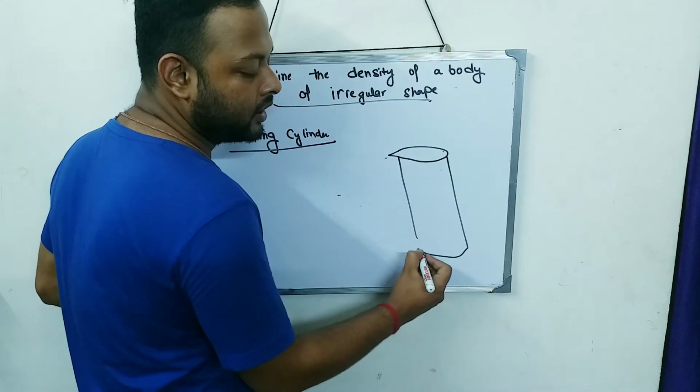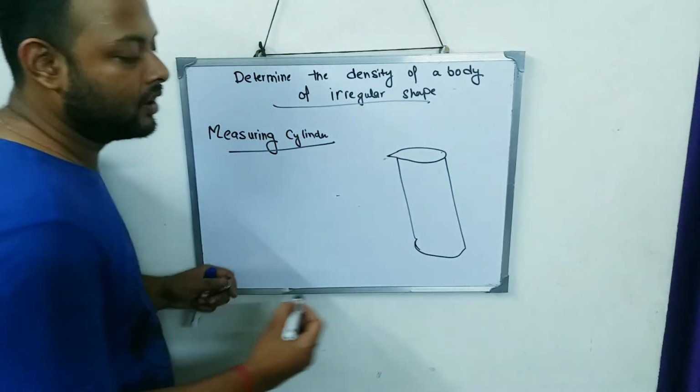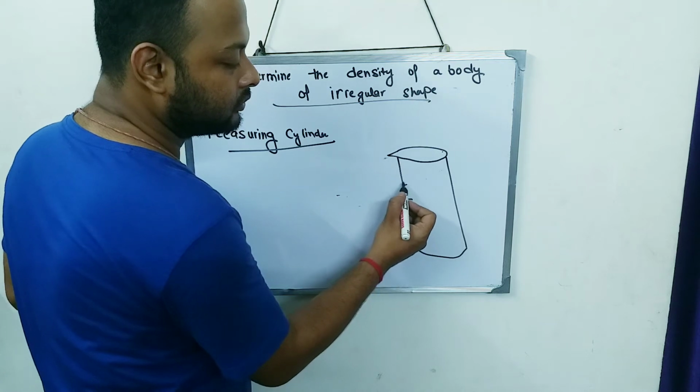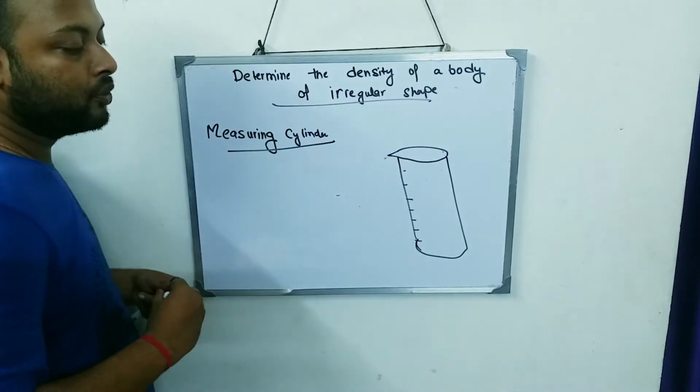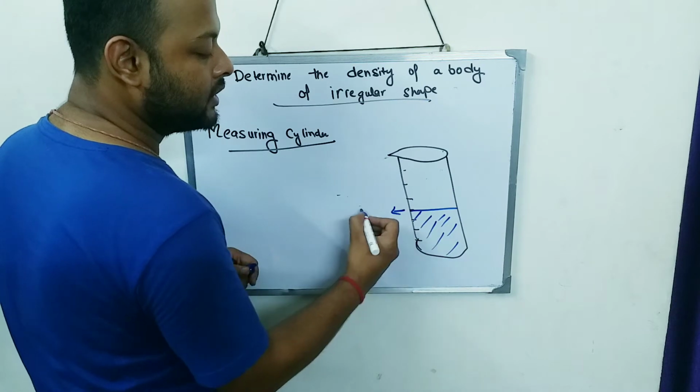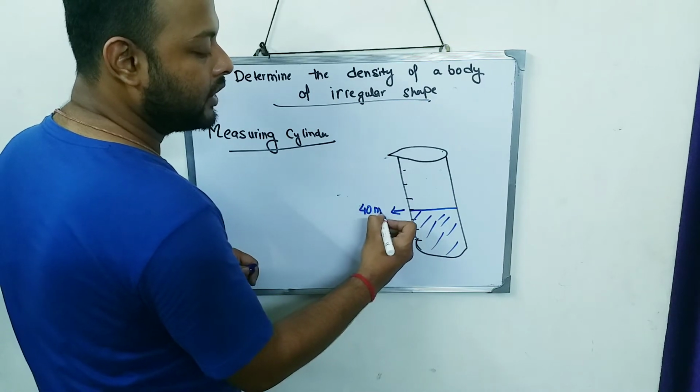Till here. And the water, suppose I am calibrating it. Suppose that initially the water was still here. This is the level of water, and suppose that is 40 ml.